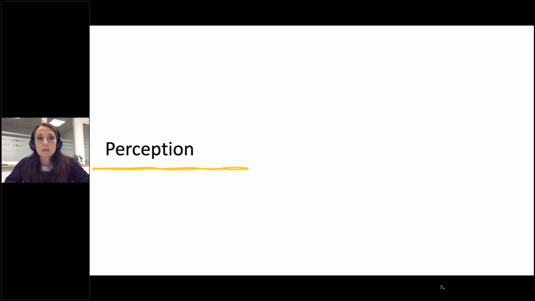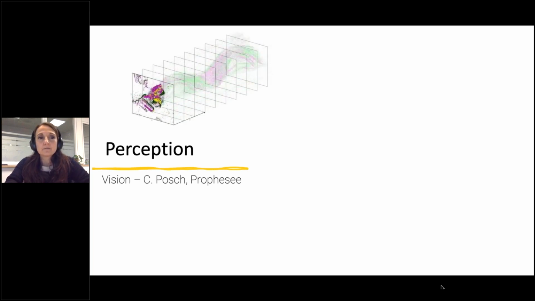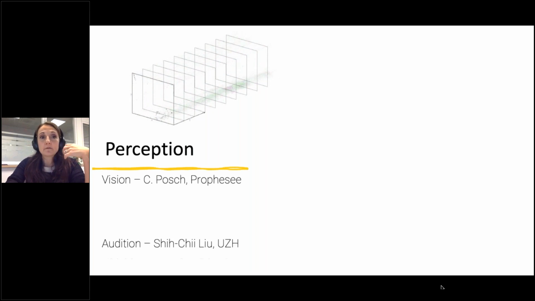So in the perception chapters, you will see examples in vision, and this is a very nice concept. You see here a video of an event-driven vision sensor, or a neuromorphic sensor, where the pixels are active only when there is motion, only when something happens in the scene, and they have a very high temporal resolution.